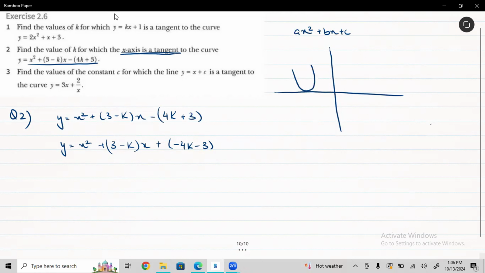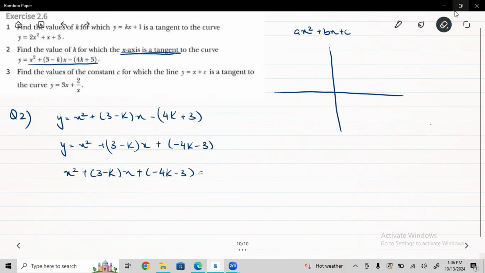So we can say that when y is equal to 0, the x-axis acts as a tangent. So x squared plus (3 minus k)x plus negative 4k minus 3 is equal to 0, and that's our equation. No need to simplify it further.